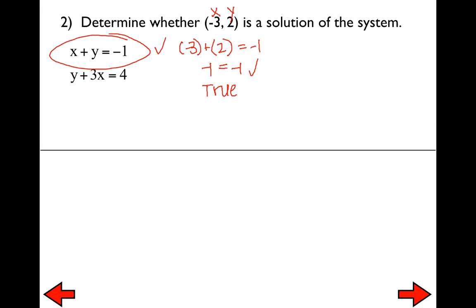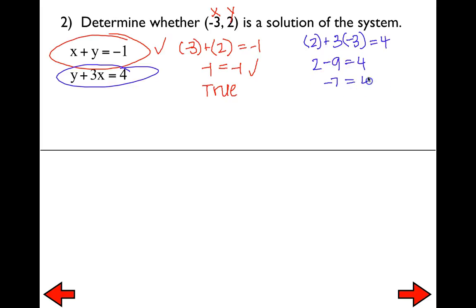Now, I'm going to check the second equation to see if it works as well. For y, I'm going to plug in a 2, add 3 times x, which is -3, equals 4. So now I have 2 minus 9 equals 4. 2 minus 9 is -7. Does this equal 4?